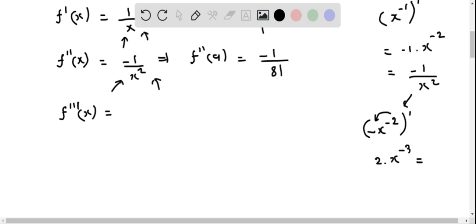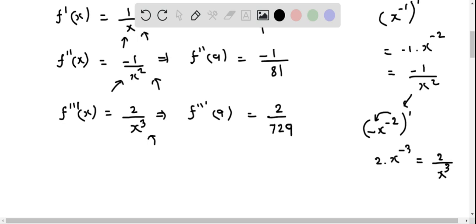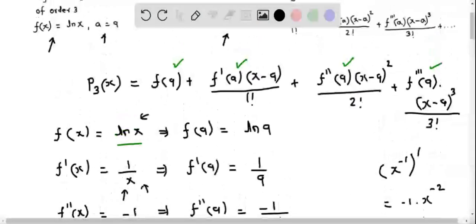This is equivalent to 2 over x cubed. So the third derivative of the function is 2 over x cubed. We can find f triple prime of 9 by replacing x by 9, so this becomes 2 over 9 cubed, which equals 2 over 729. Now we have found all the values which we can substitute into the equation.